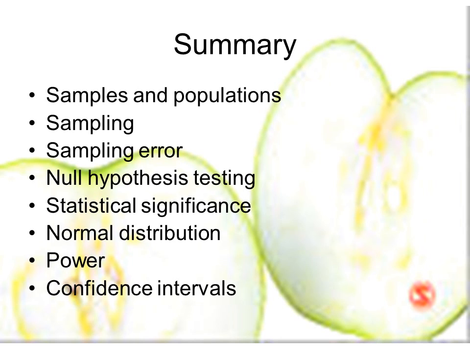So just to summarize what we kind of talked about already, we looked at samples, populations, how to acquire samples, how we sample people, how we sample individuals, errors that can happen when we're sampling. We looked at null hypothesis testing, we looked at hypothesis testing, tests of statistical significance. We reviewed normal distribution.